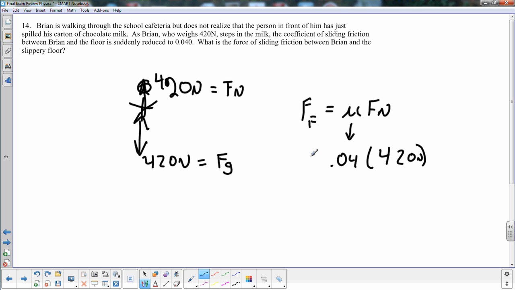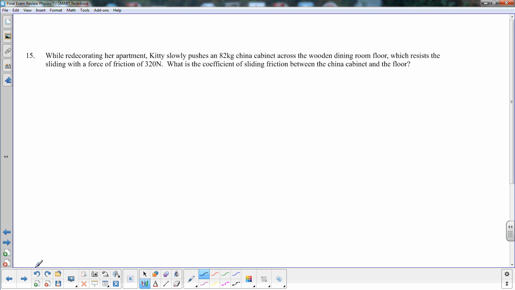While redecorating our apartment, Kitty slowly pushes an 82-kilogram china cabinet across the floor, which resists with a force of friction of 320 newtons. Basically, calculate mu. So again, here's this thing. Kitty's pushing it.